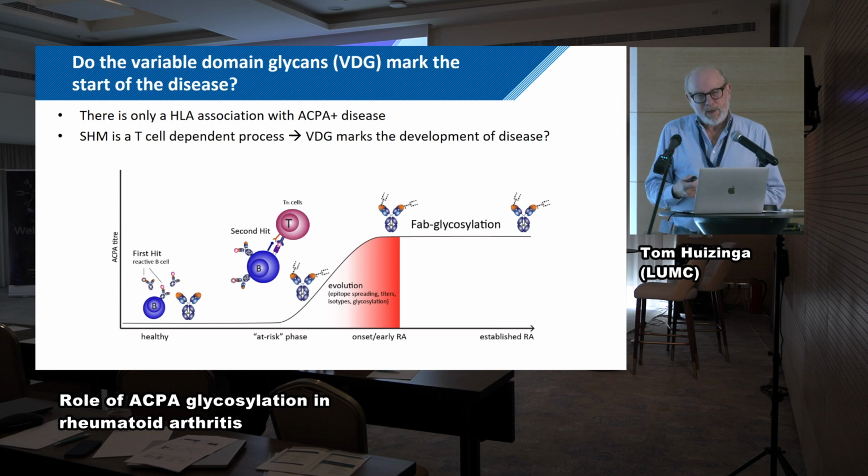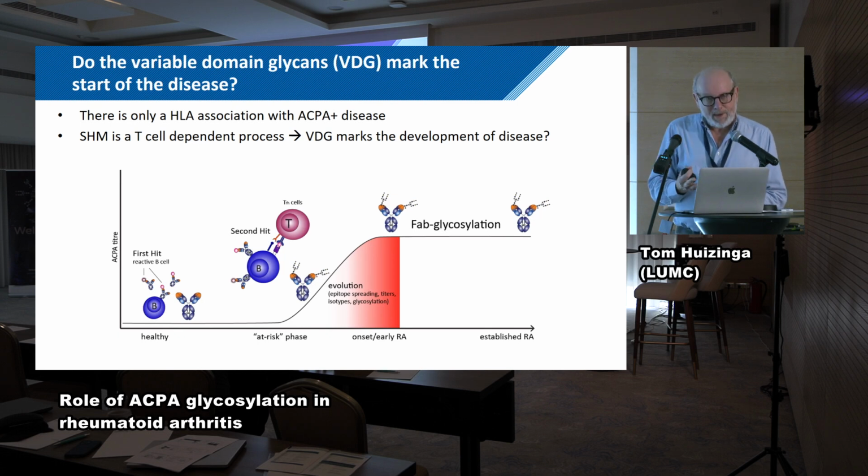So when is it actually happening? If you go from healthy to a phase where you don't have inflammation yet, but only arthralgia, only a little bit of pain in your joint, during this phase the glycosylation is introduced, and then it is not altering anymore. So we really feel that you need the T cell help here.